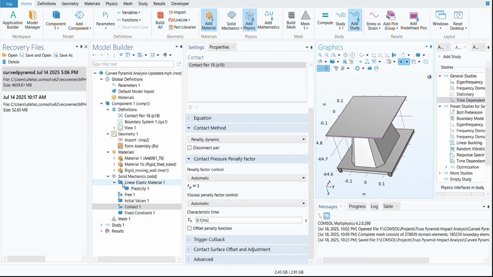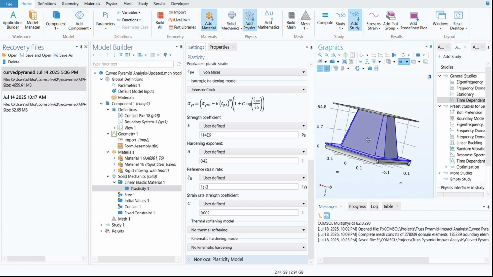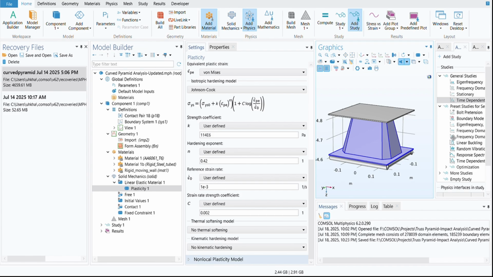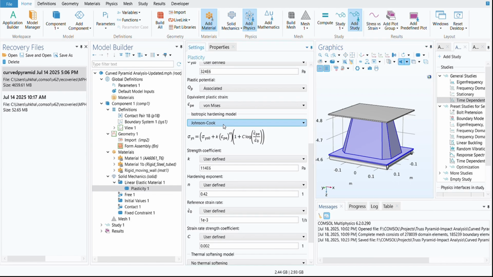Now it is also important to make the material of this pyramid a plasticity material. Since we have to gain the results on this pyramid, and in impact analysis, we are giving this material a plasticity module using the Johnson-Cook hardening model.